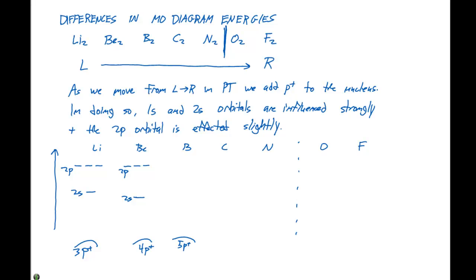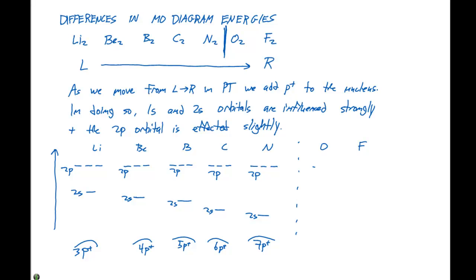In boron, we have 5 protons down here. So the 2s orbitals are going to be influenced a little bit stronger, whereas the 2p, again, aren't going to be very much affected. With carbon, there's 6 protons, so the 2s orbital gets even closer, and the 2p is slightly changed. Nitrogen has 7 protons in the nucleus, and this 2s orbital is going to be influenced even more greatly.